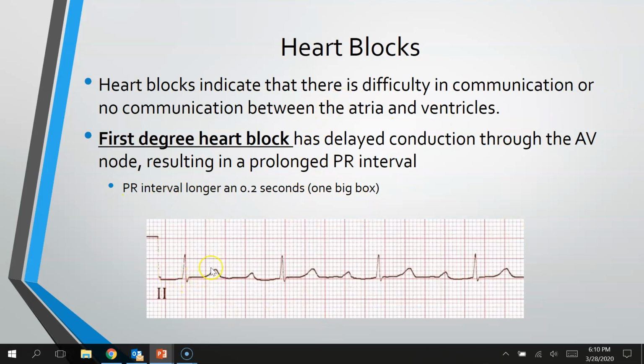So let's go back here for just a second. The PR interval, first of all, should not be longer than 0.2 seconds, which is one big box. This big box is 0.2 seconds.